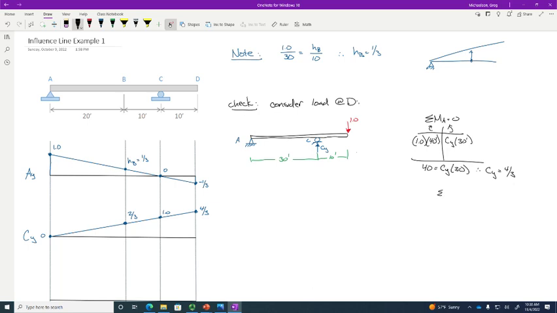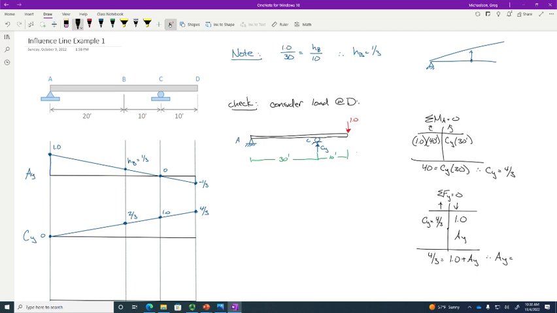And if I sum forces in the y direction, I have that going down. I have 4/3 going up. I need something else going down, right? AY has got to go down because I've got 4/3 equals 1.0 plus AY.